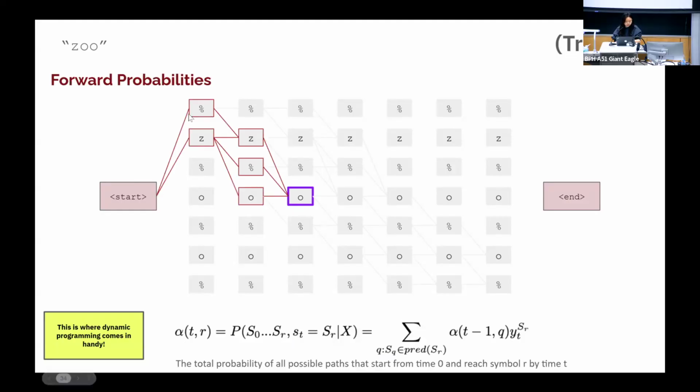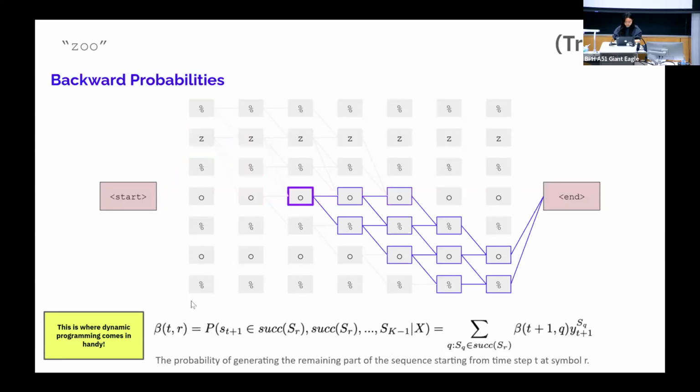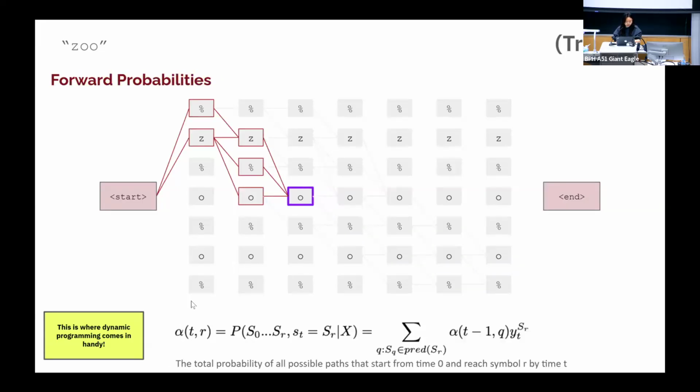It is denoted by alpha t, r, which means the total probability of all possible paths that start from time step 0 and reach time step t, which here is time step 3, and reach the symbol, which here is O. So we calculate from left to right all possible paths to get this O.